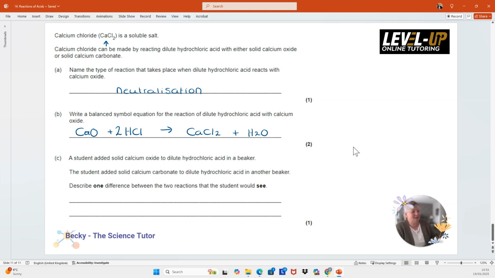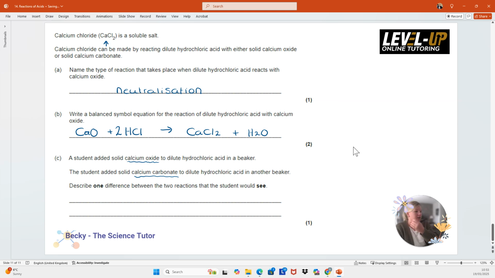And then the final question: a student added solid calcium oxide to dilute hydrochloric acid. Then they added solid calcium carbonate in another beaker. What difference would you see between the reactions? Here we've got calcium oxide, but in this one we've got calcium carbonate. They're both going to produce a neutralisation reaction.